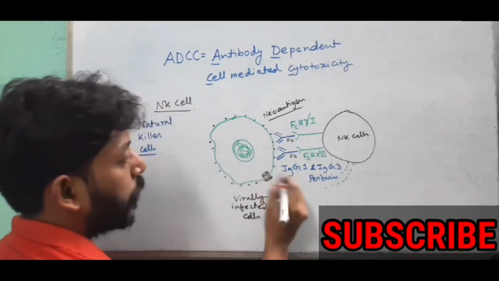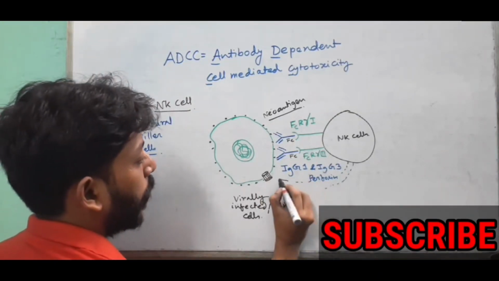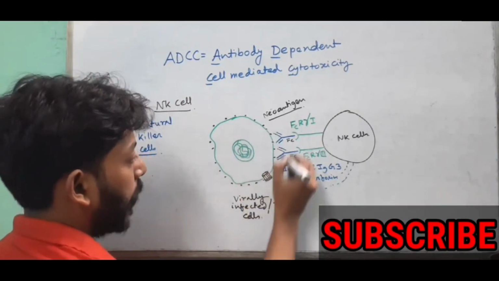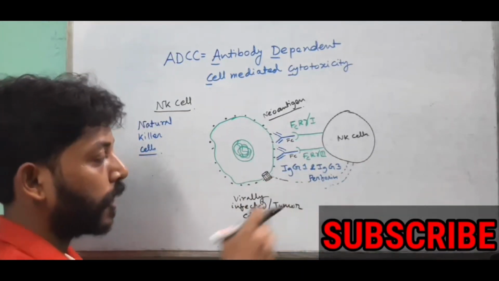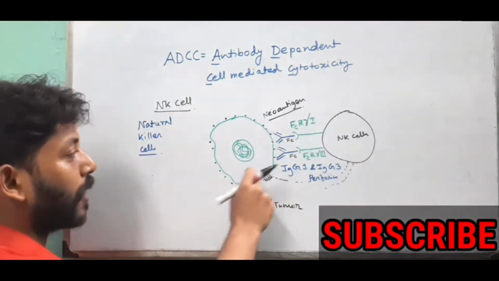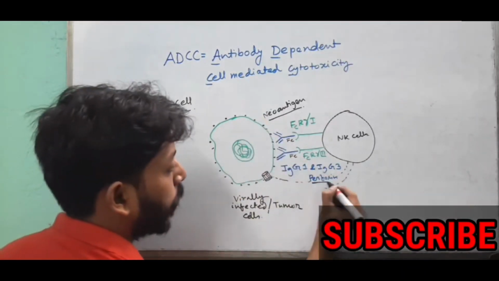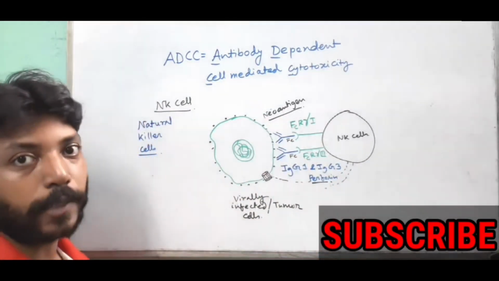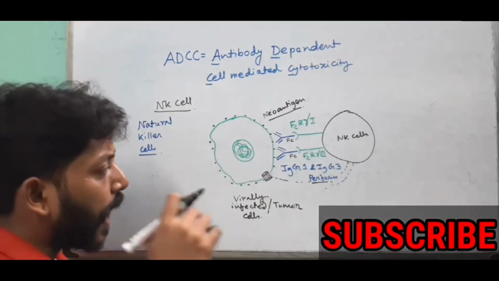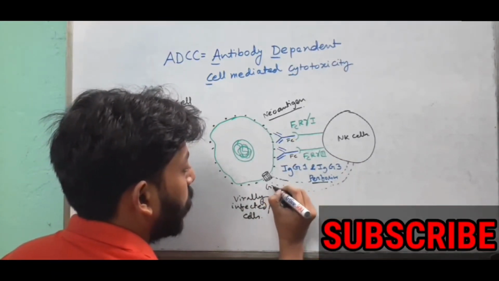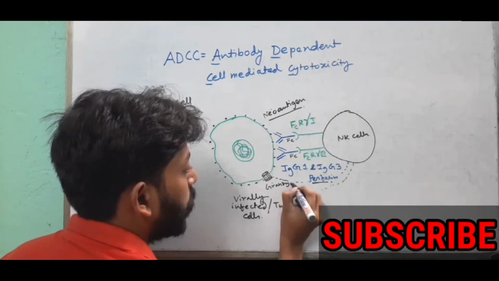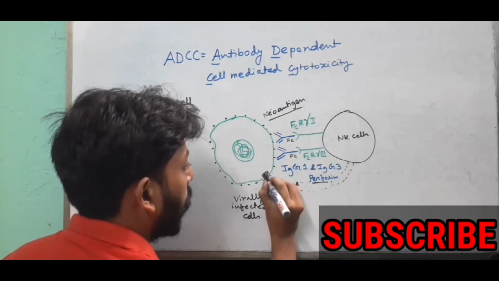All the subunits are composed of perforin. So when perforin attaches with the cell, it forms a pore-like structure. This is called perforin. It actually perforates the plasma membrane. Perforin means perforate. This can perforate the plasma membrane of the infected cells. And then the second chemical called granzyme, it's actually an enzyme that can enter through the perforin.